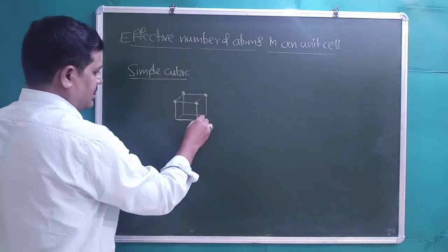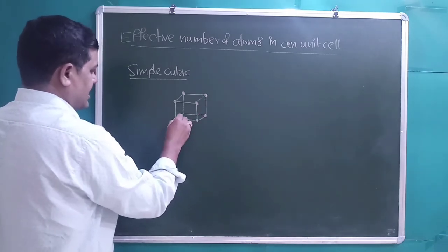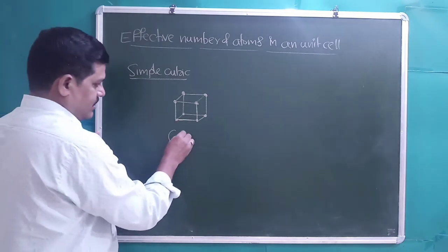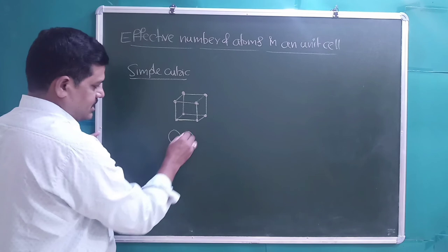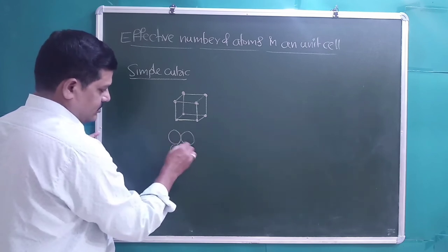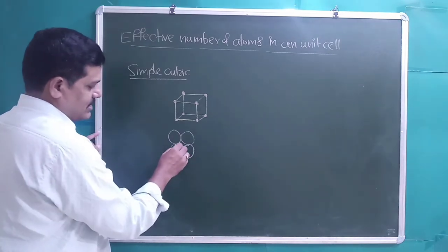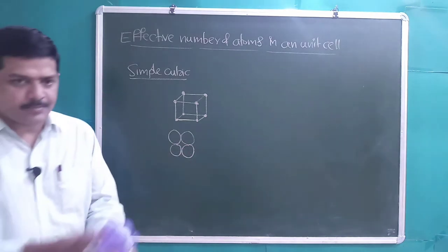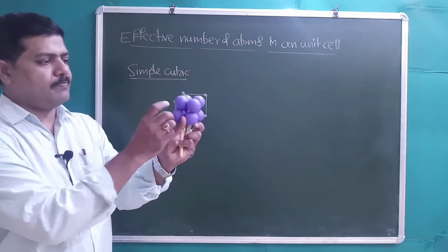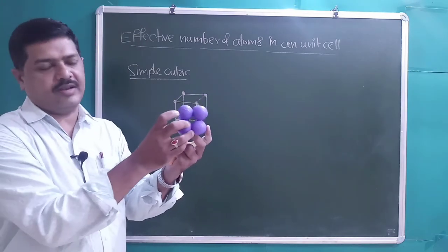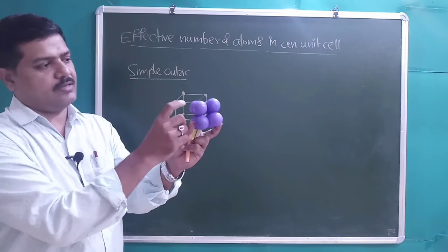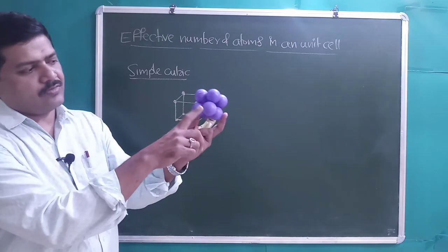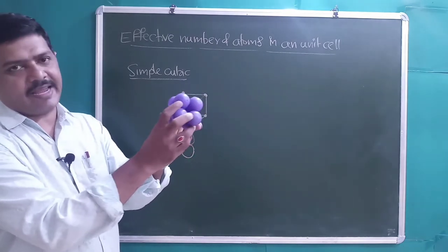Each atom is touching the other atom along the edges. If you take one face, these are touching each other along the face, right? In the model, you can observe this is called simple cubic or primitive unit cell. 8 lavender color balls are there, 1 2 3 4 5 6 7 8 balls.